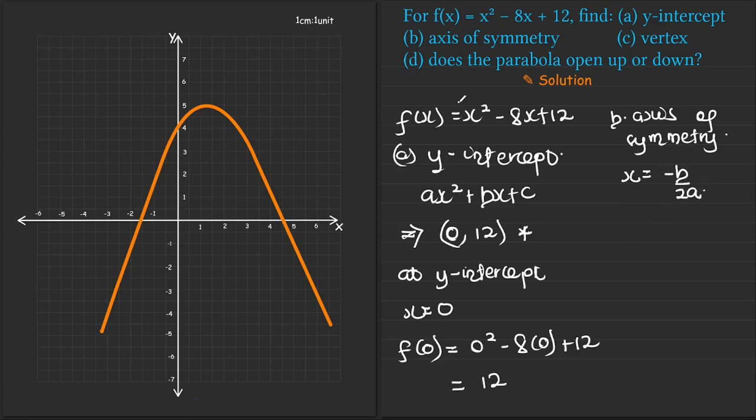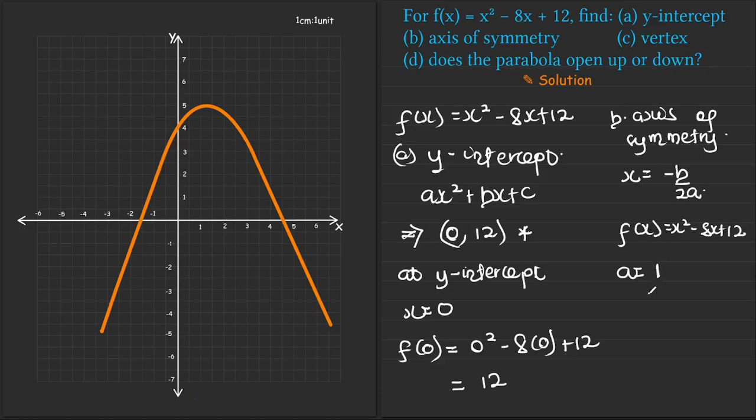And from our function, that is f of x is equal to x squared minus 8x plus 12, it simply implies that our a is always the coefficient of the x squared. So a, what number do we have in front of x squared here? It is 1. We know if it is 1, it is not written. That was why it wasn't written.